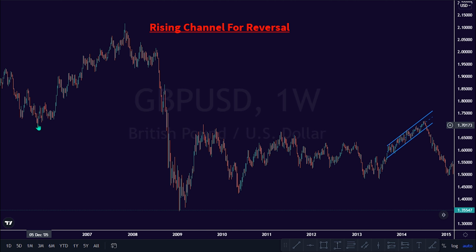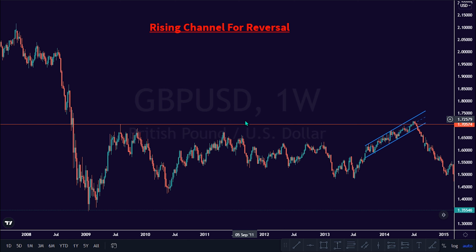We can connect the low of November 2005 here to the high of August 2009 here. Let's zoom in a little bit. We can also connect the series of rejections at the high of 2009 here to the high of the year 2011 here.